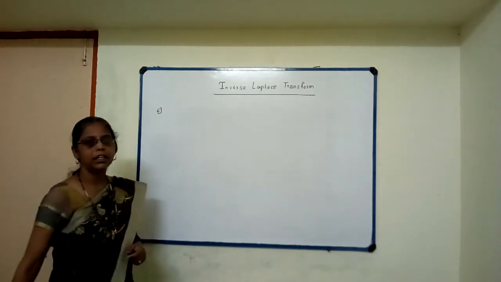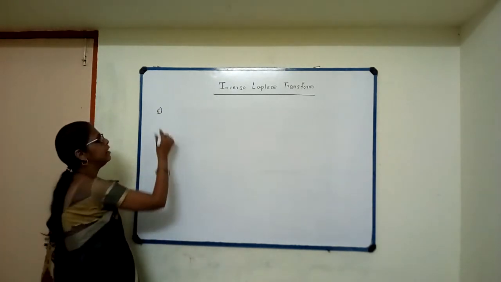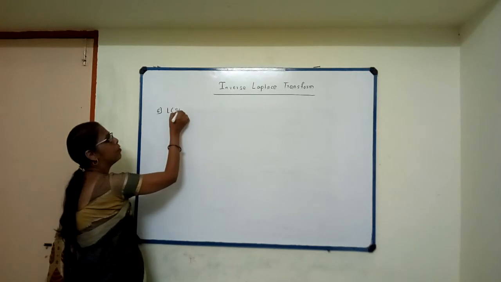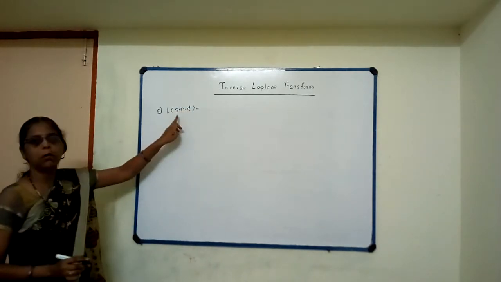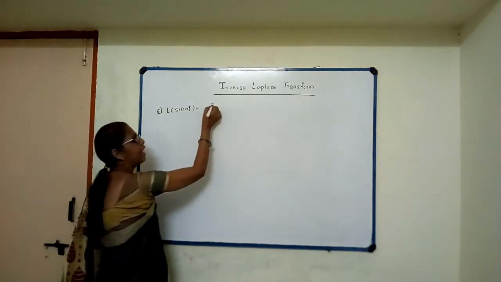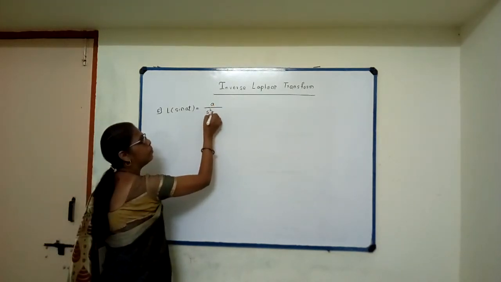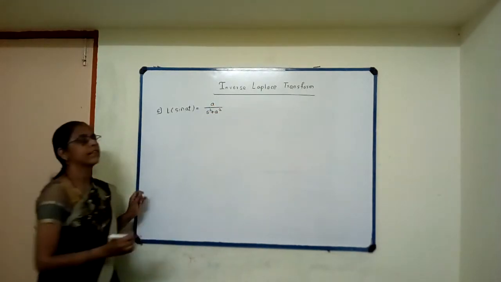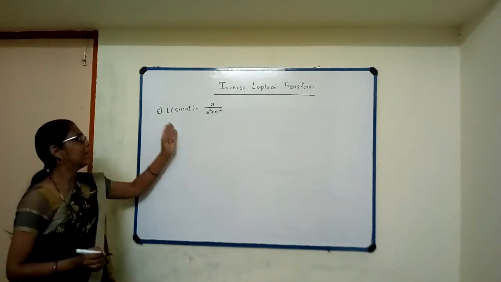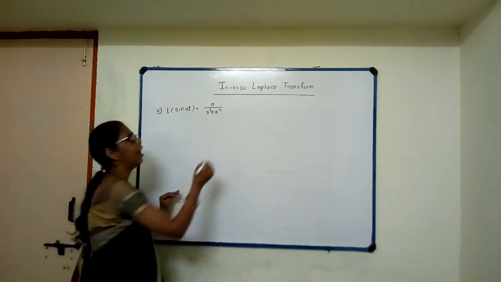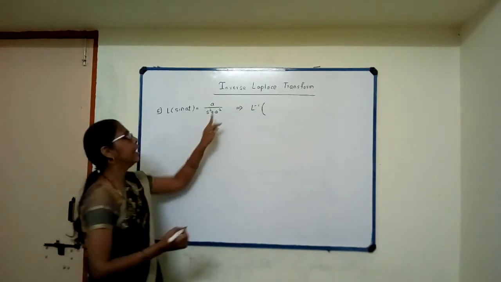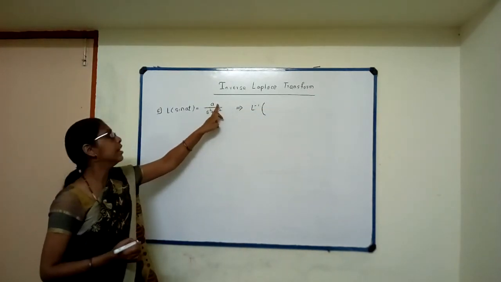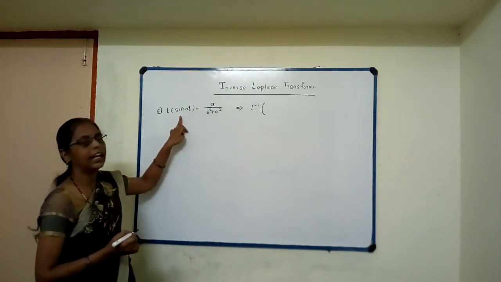Sixth formula for Laplace is firstly Laplace transform of sin at. We know that Laplace transform of sin at is a upon s square plus a square. Now take this Laplace to right hand side. So we have Laplace inverse of, आता इथे एक ती जी टर्म आहे ही कॉन्स्टंट आहे ती आपण लेफ्ट साइडला घेणार आहे डिवाइडेड बाय होईल.